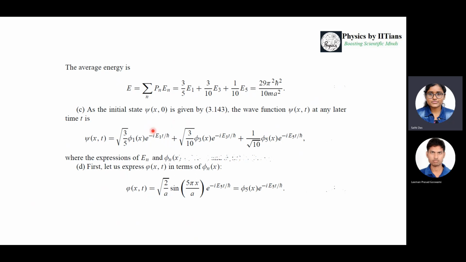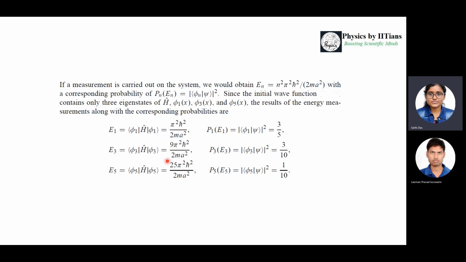This is the time evolution factor which you have to include when you consider the wave function at a later time t, and you have to consider the energy values for that particular state as well. So for phi 1 the energy eigenvalue is E1, for phi 3, E3, for phi 5, E5. These expressions En and phi n are already given.